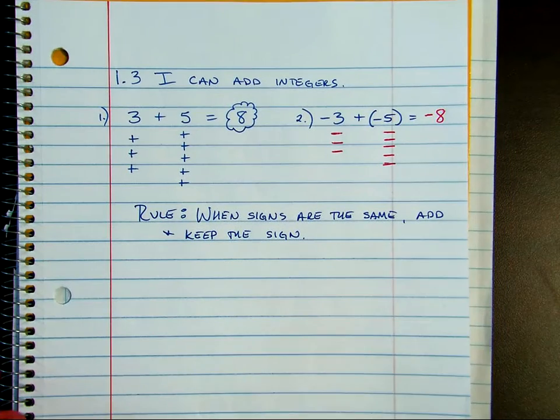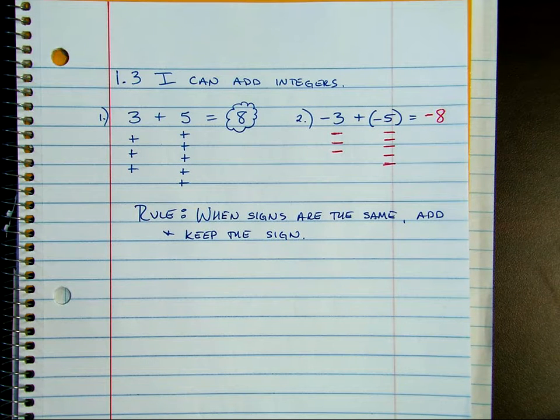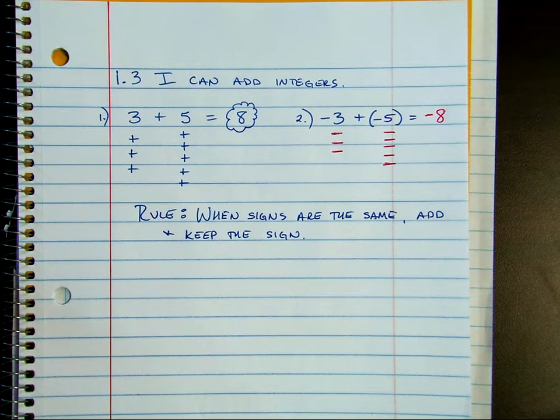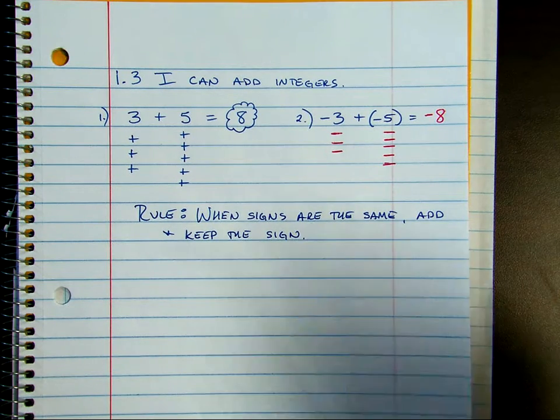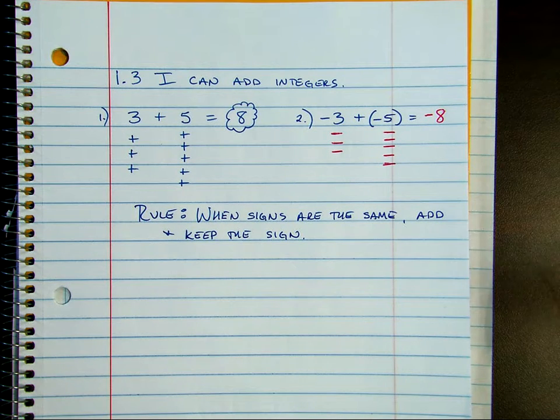When signs are the same, you add and keep the sign. 3 positives and 5 positives equal 8 positives. 3 negatives and 5 negatives equal 8 negatives. If I have 3 Gala apples and 5 Honeycrisp apples, I have 8 apples. If I have 3 purple grapes and 5 green grapes, I have 8 grapes.